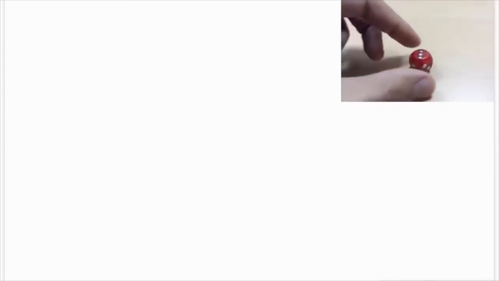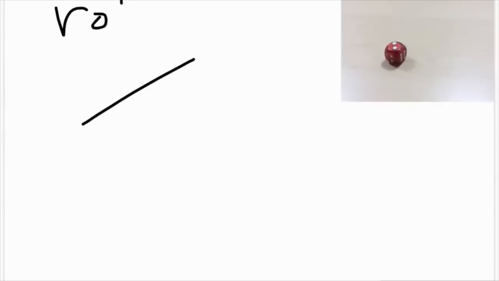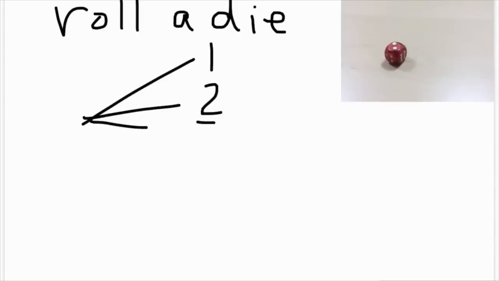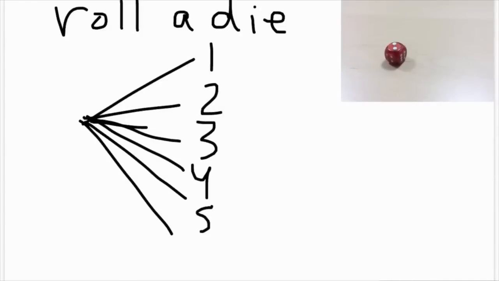As you can see, if you roll this die, you can get 1 or 2 or 3 or 4 or 5 or 6. So in this case, a die has 6 outcomes. So when you roll a die like this one, you can get 1 or 2 or 3, or 4 or 5 or 6. Okay, so that's a probability experiment.